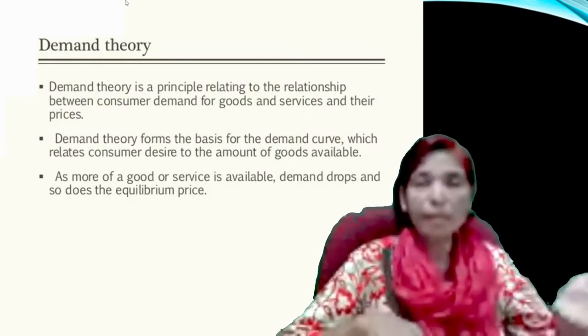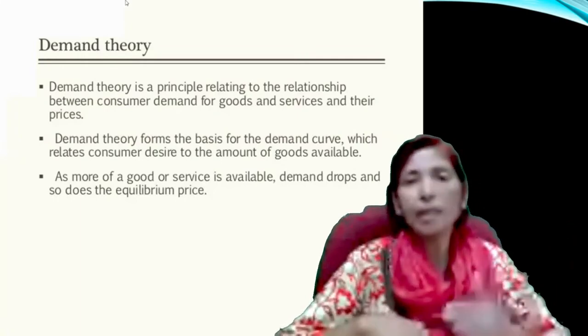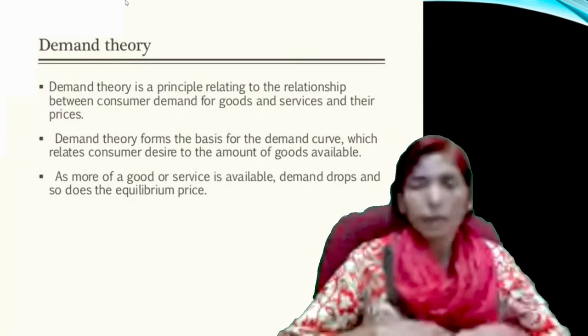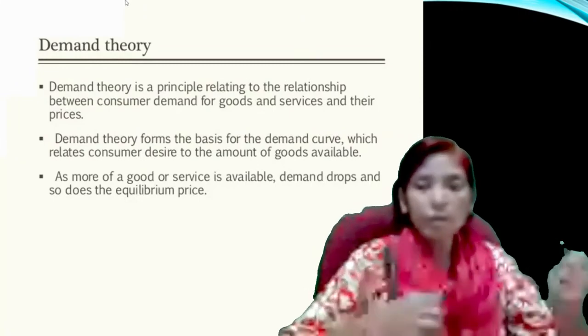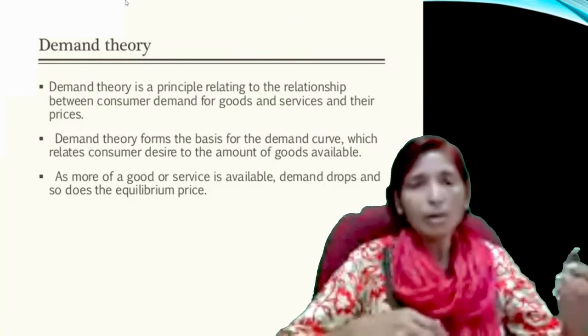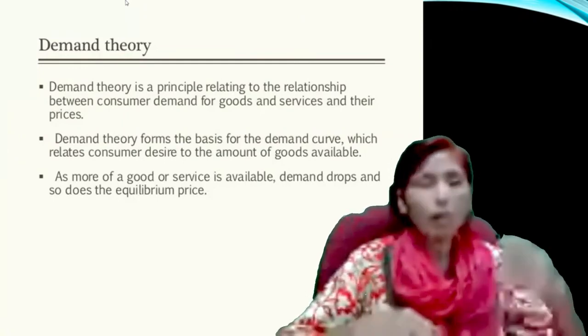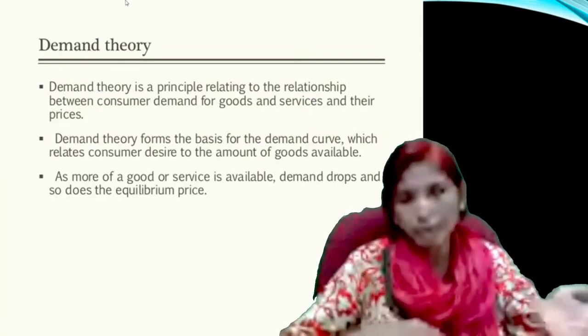The demand concept is related with the consumer. The supply concept is related with the producer. Demand for goods and services mainly originates from the desire or want of the people.